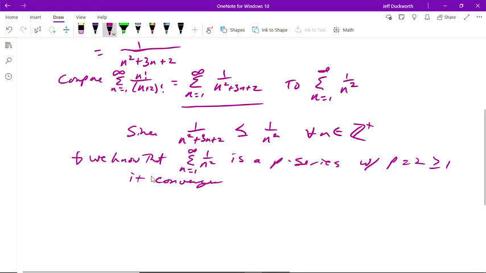And since we have, I guess we should throw a 0 in here, since we have this, and we know this, that means that our series also converges.